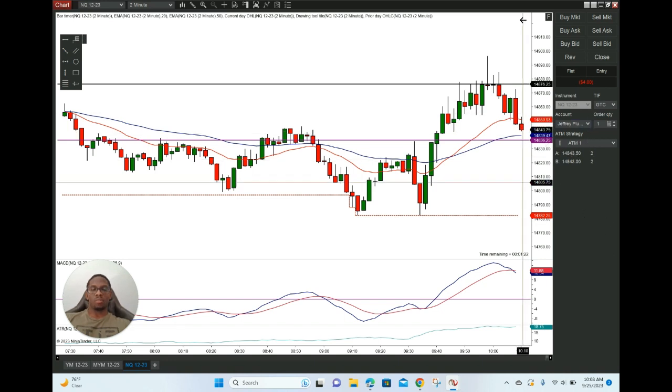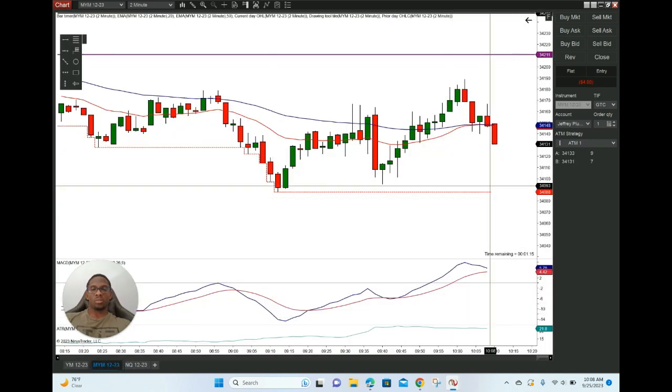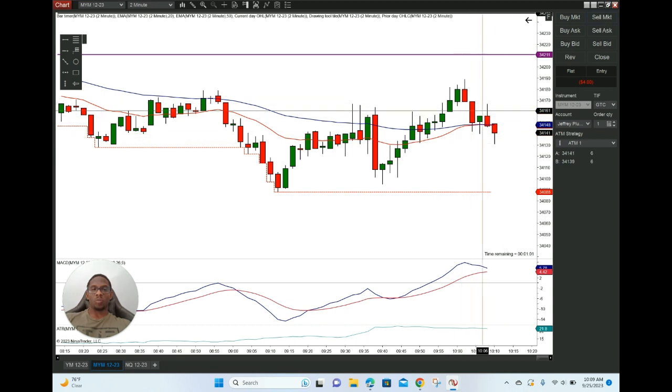All right, the NASDAQ broke it. So now they're probably starting to head south. So now it's time to look for. Honestly, I like this bar, but I like this bar. Made a low, made a high.